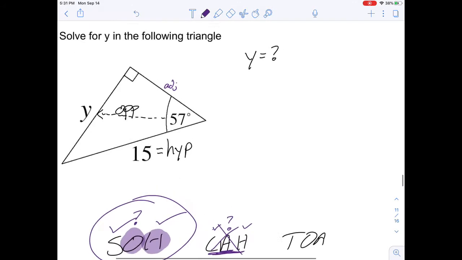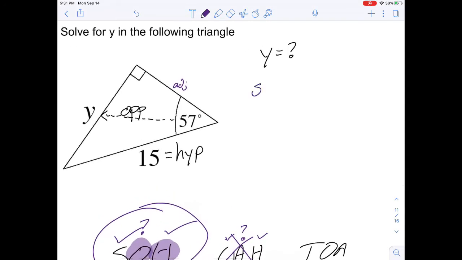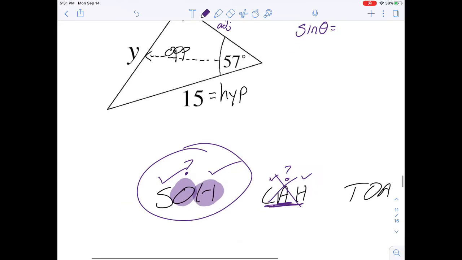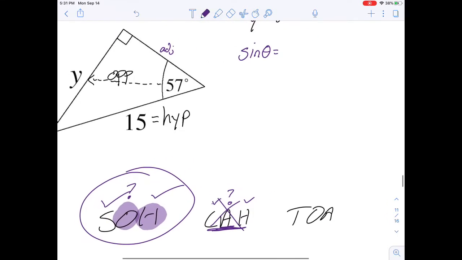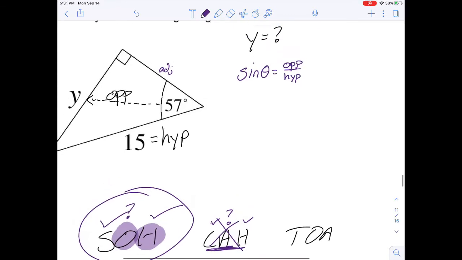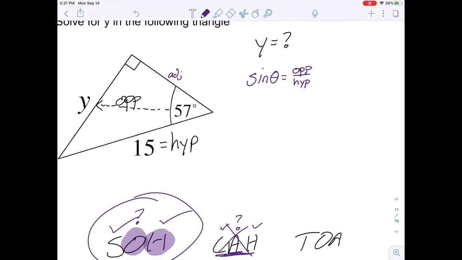If we write out our sine formula, we know that sine equals opposite over hypotenuse. Now let's plug in our values here.